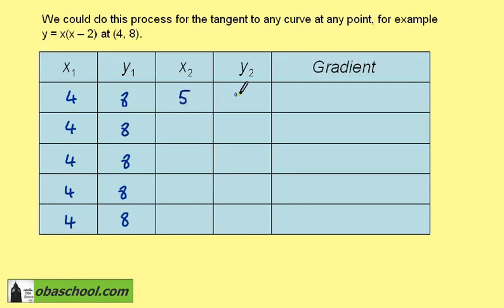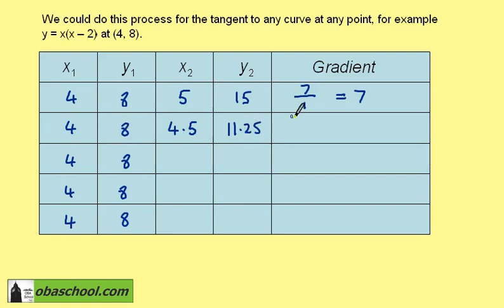If we take x is 5, then y is 5 times 3, which is 15. The gradient then is 15 take away 8 over 5 take away 4, which is 7. But we want a closer point, 4.5, so the y would be 4.5 times 2.5, which is 11.25.